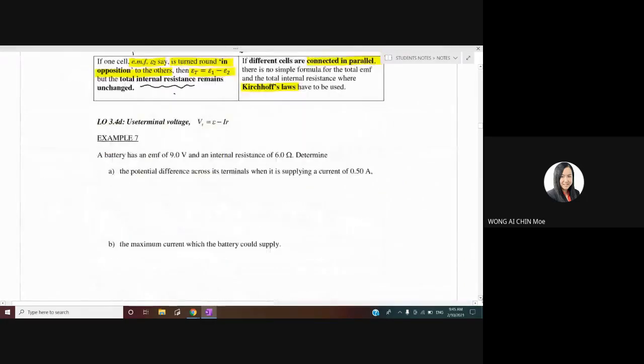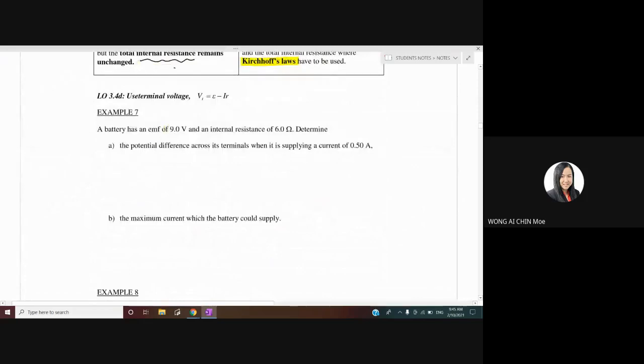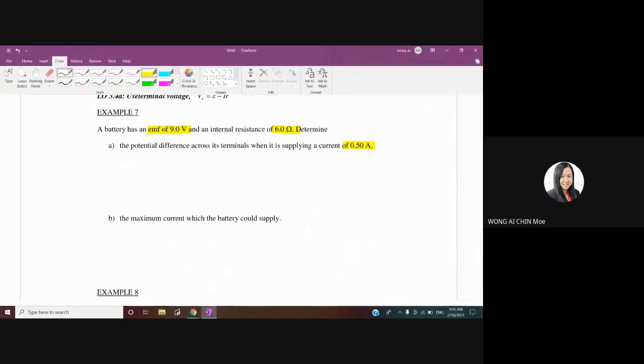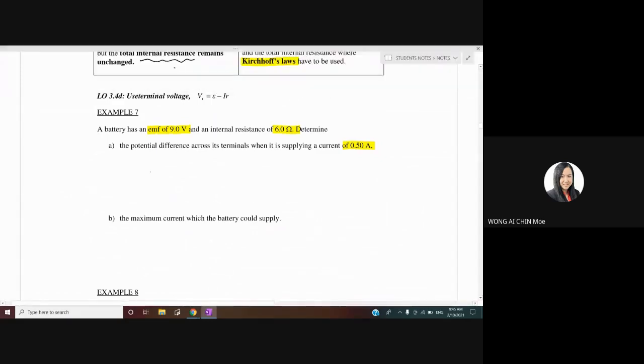So we go to example 7. Example 7 is a battery with an EMF, this is the EMF, the source, and the internal resistor inside is 6 ohm. We want the potential difference across the terminal when it is supplying current. Don't worry, you just write the equation: EMF is equal to V external plus V internal, where our EMF is 9 volt.